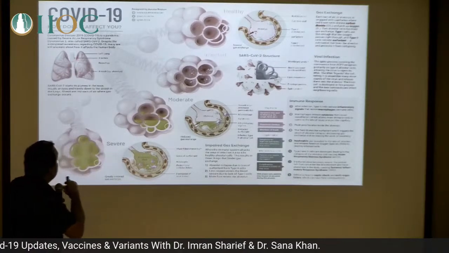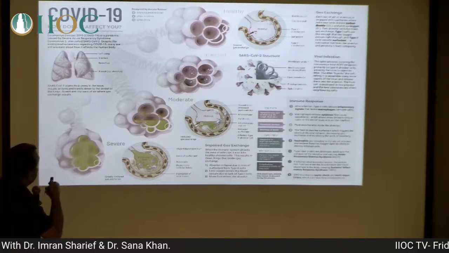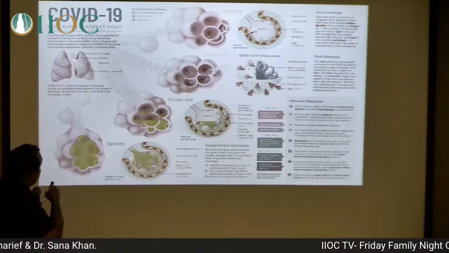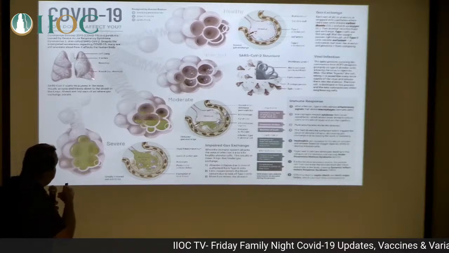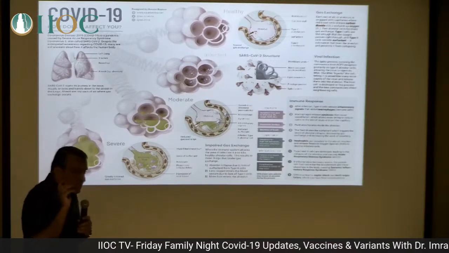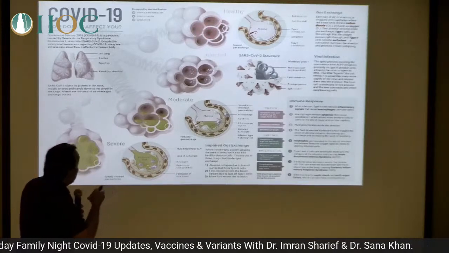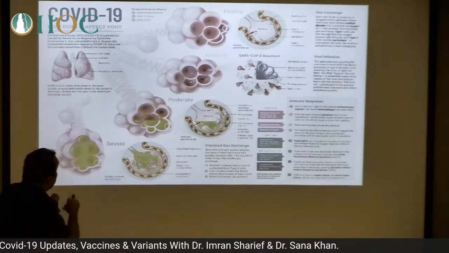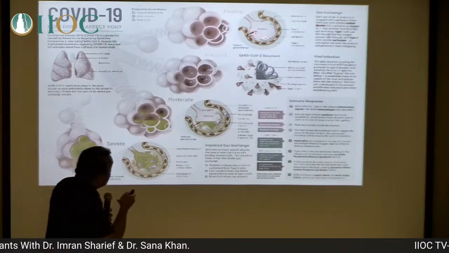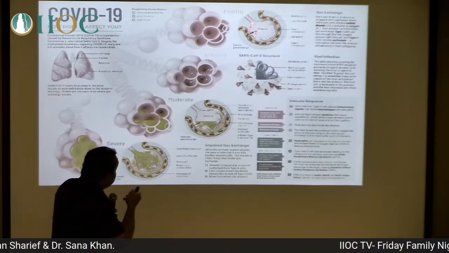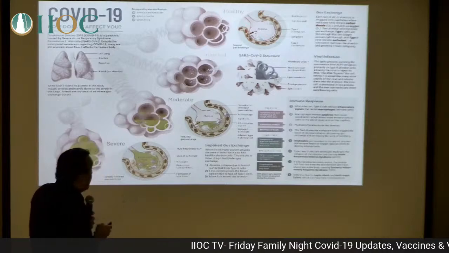Generally speaking, you have healthy lungs, right? And you have something called the trachea, the tube through which we breathe. Then it divides up into bronchus and then bronchioles, and it ends up in these very tiny little air sacs, okay? These are called alveoli. Here's one alveolus, and this is a very, very thin sac.